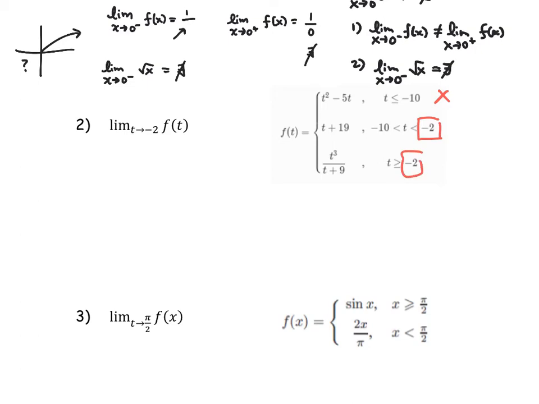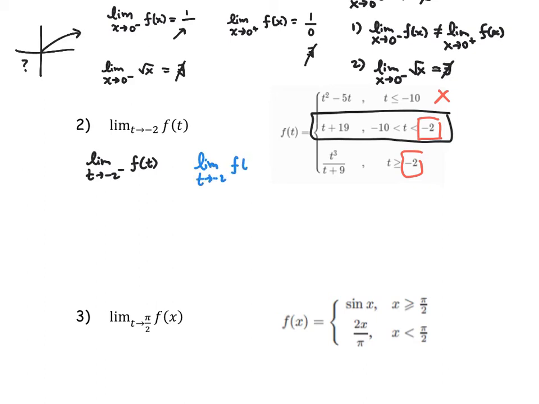I want to see if the limit as t approaches -2 from the left of f of t, which will apply to this part of the piecewise function, and the limit as t approaches -2 of f of t from the right are equal. I want to know, are those two equal?